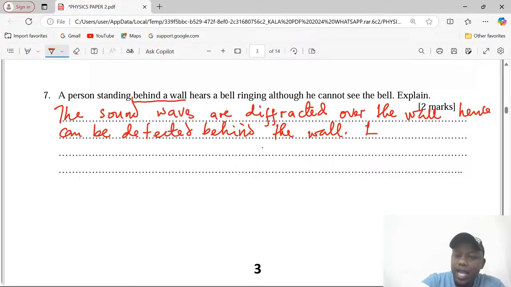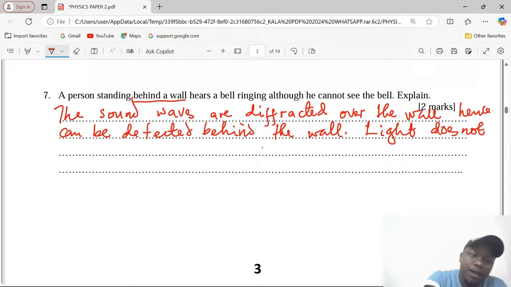Then we are saying light does not easily get diffracted.